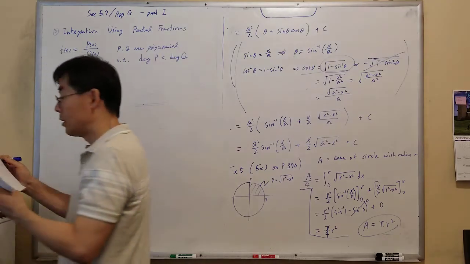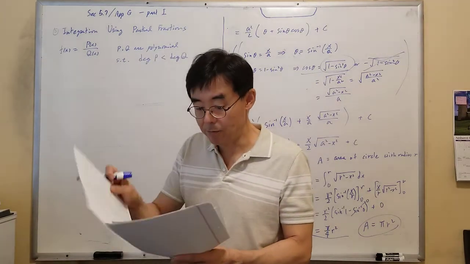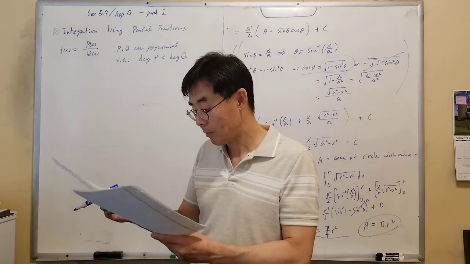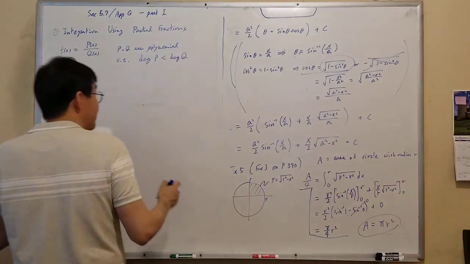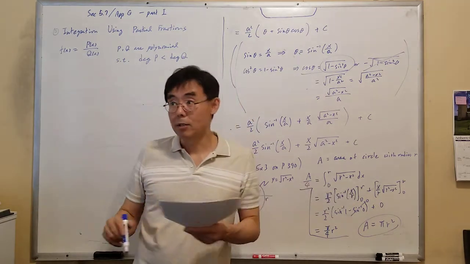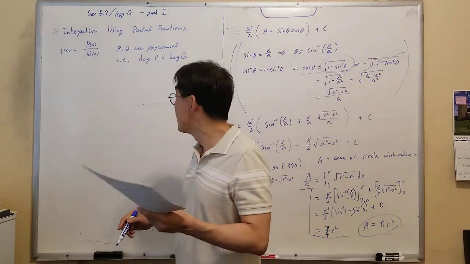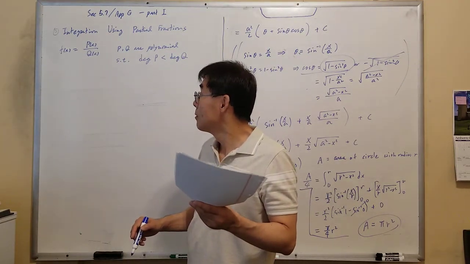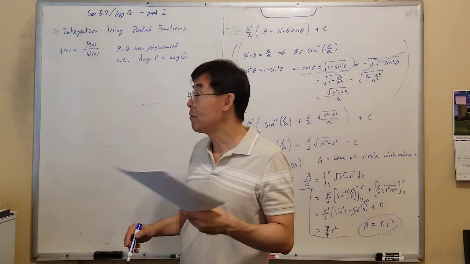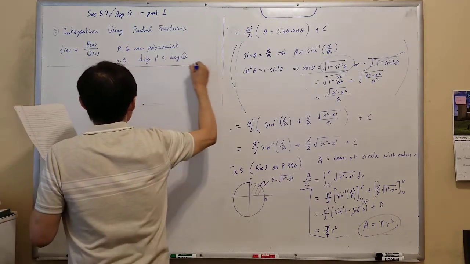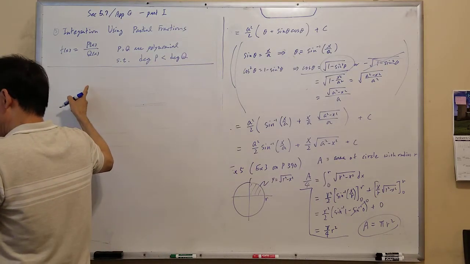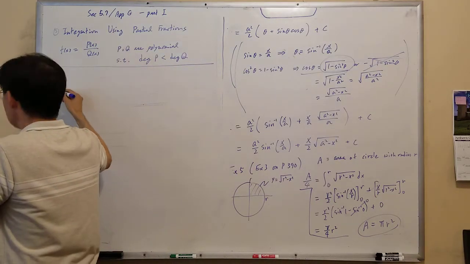Now, you learn a little bit of partial fraction in pre-calculus, math analysis. I know that some high school textbooks cover this. But just in case you didn't learn this, I will go over that. So don't worry about partial fraction techniques.